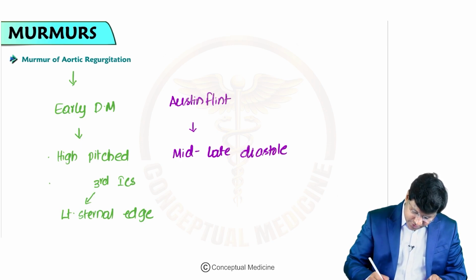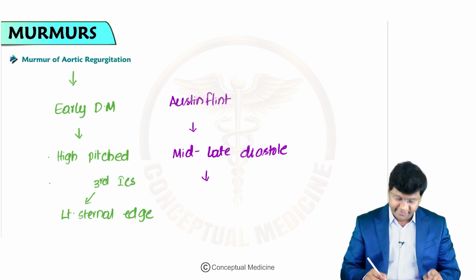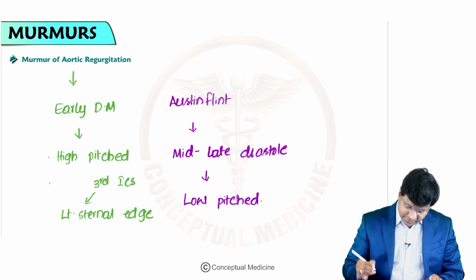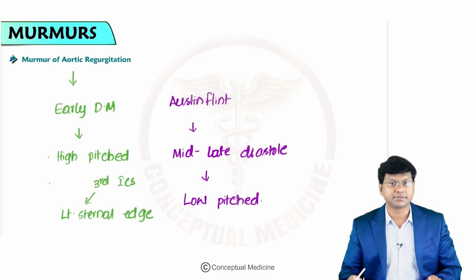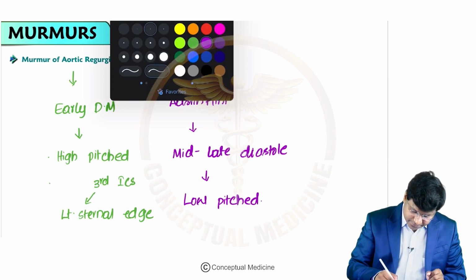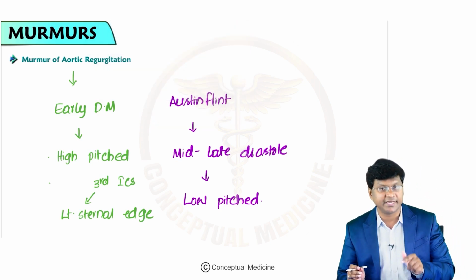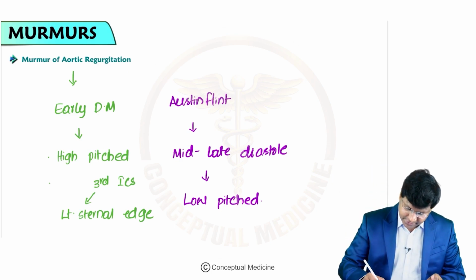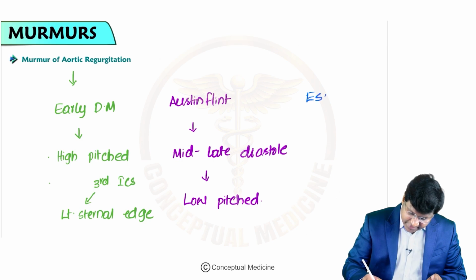And this Austin Flint murmur is a low pitched murmur, and it's a diastolic murmur. And one more additional murmur you will have in aortic regurgitation is a mid-systolic ejection murmur, right? That is an ejection systolic murmur.